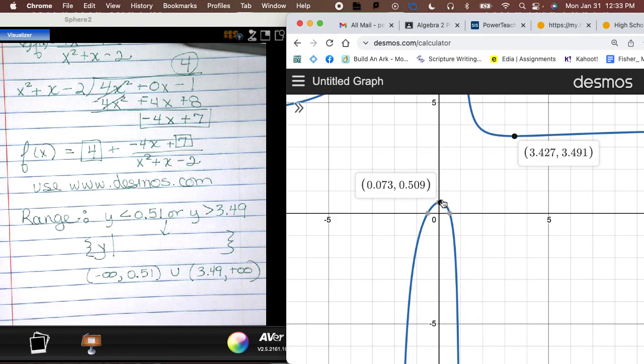Okay, 7 is a bunch of fun. 7, 8, 9, 10, 11, 12 are the top of the mountain.